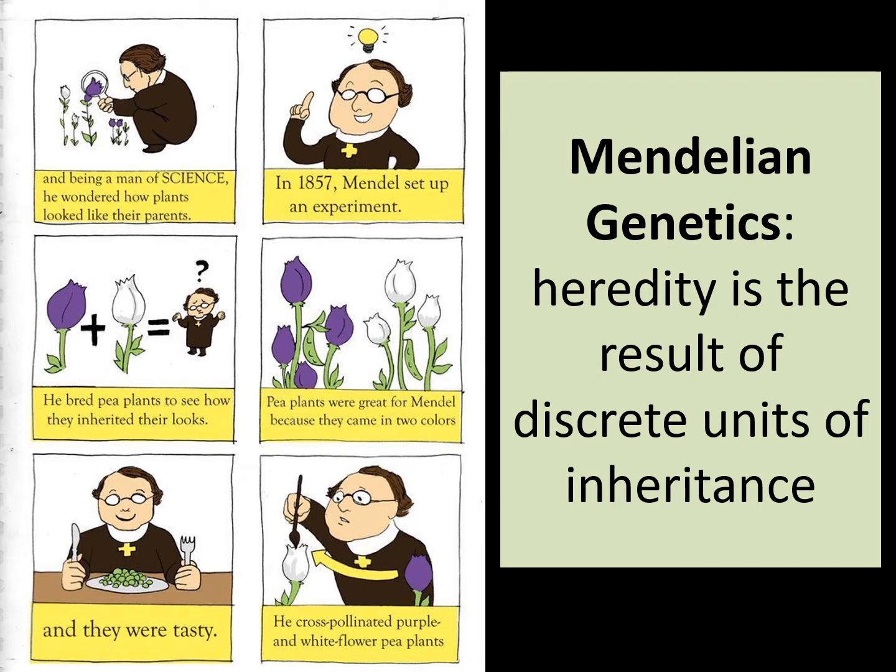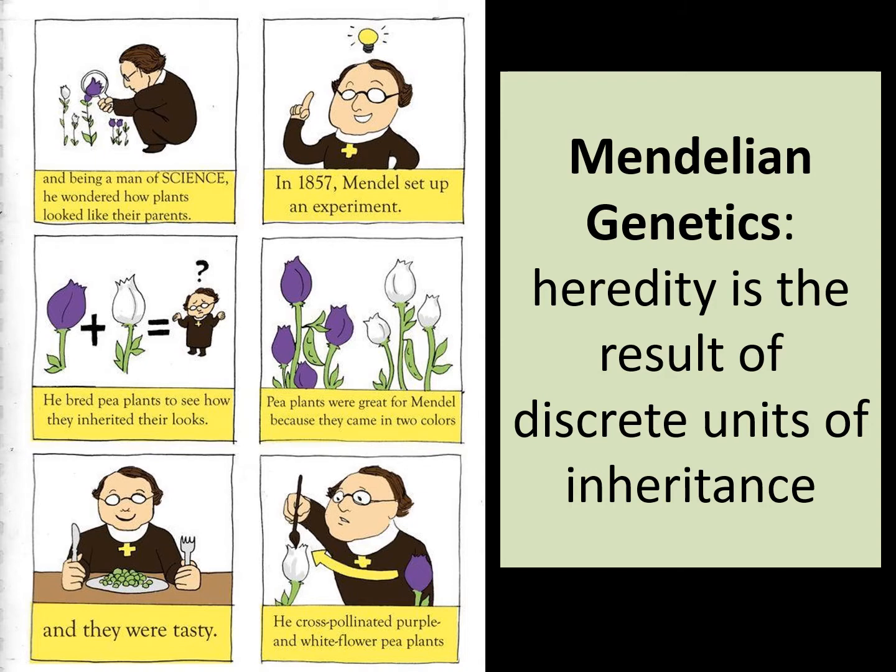So he started mating them and looking at the different flower colors and what would happen if he crossed them. After doing a series of experiments, he noticed that there definitely was some sort of pattern of inheritance. The offspring of the pea plant parents definitely had similar characteristics and traits.